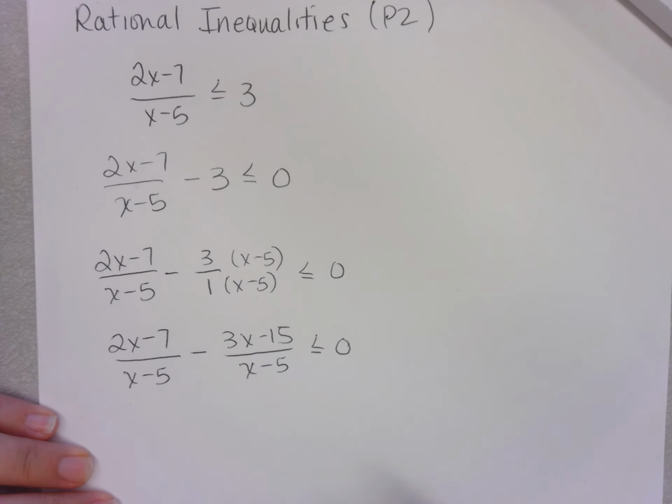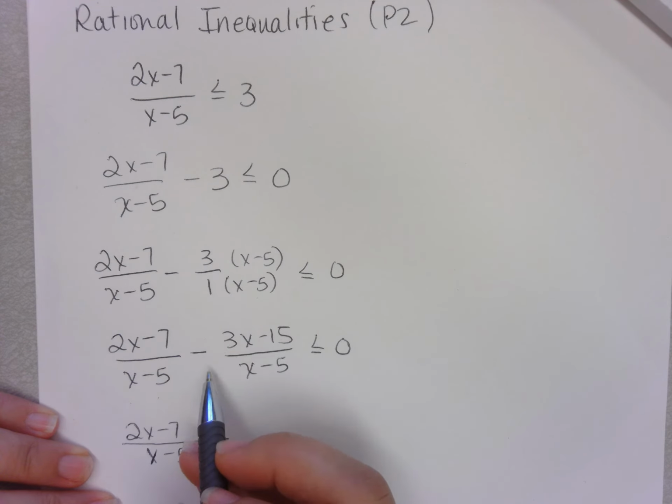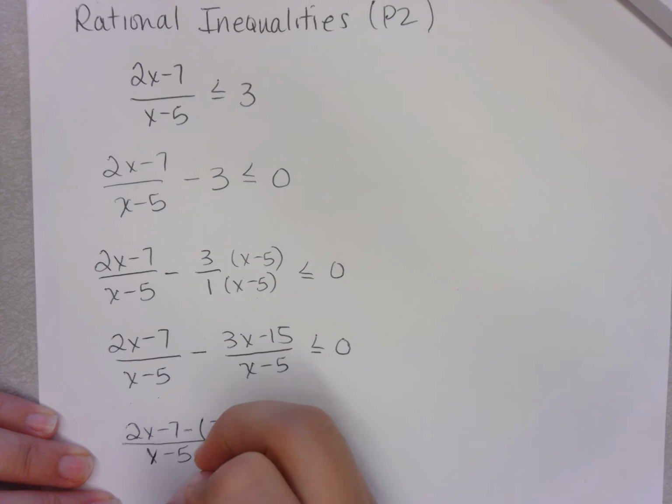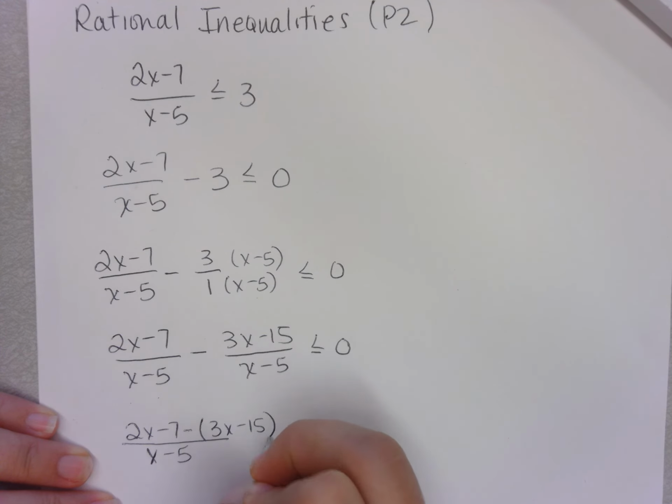My last step is that now they have the same denominator and I've got them all cleaned up, I can put them over one fraction. So I have 2x minus 7. Be really careful, this minus sign applies to both of these things, so I get minus 3x minus 15, less than or equal to 0.